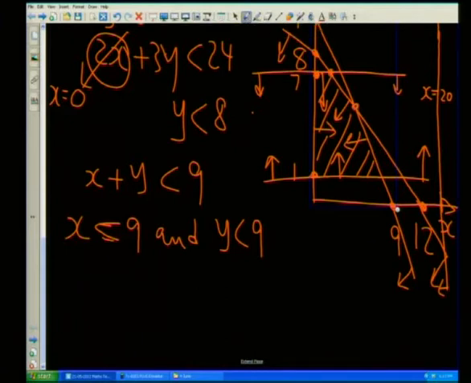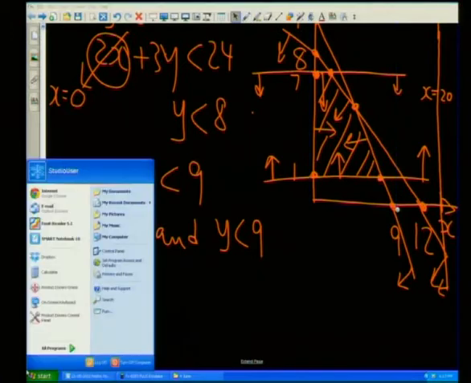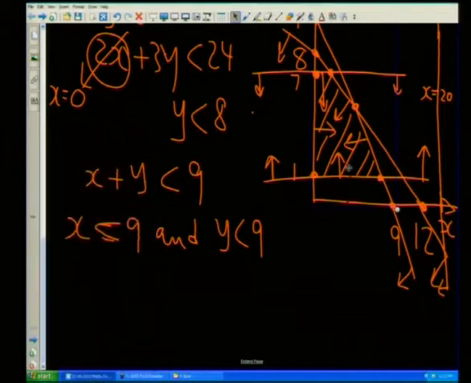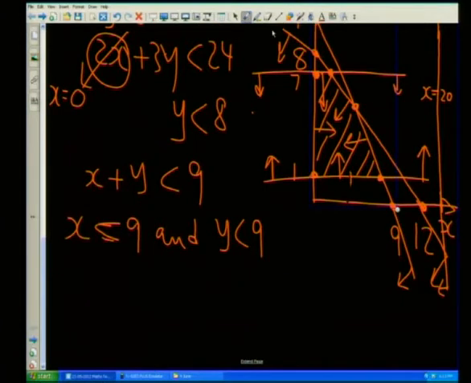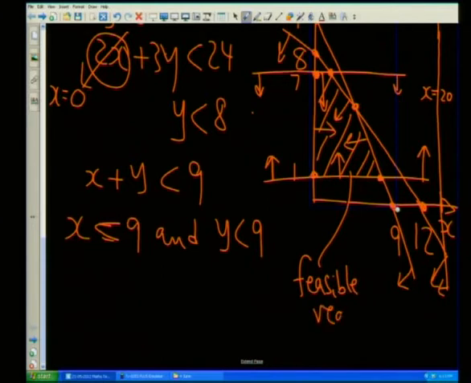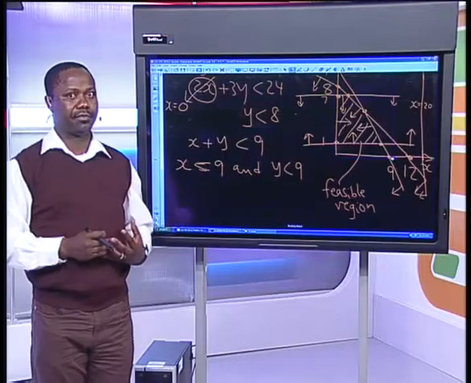These are your vertices of the polygon, and that is called the feasible region. So all the solutions should come from inside there or at the vertices of that.